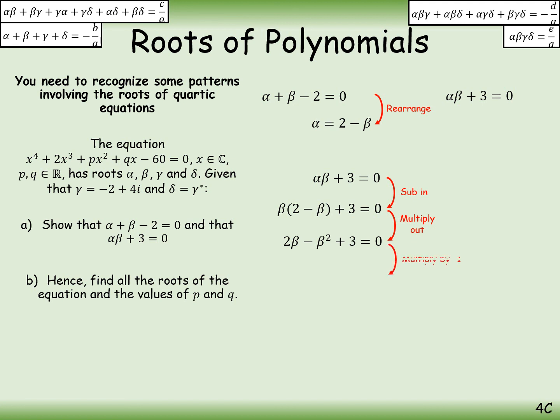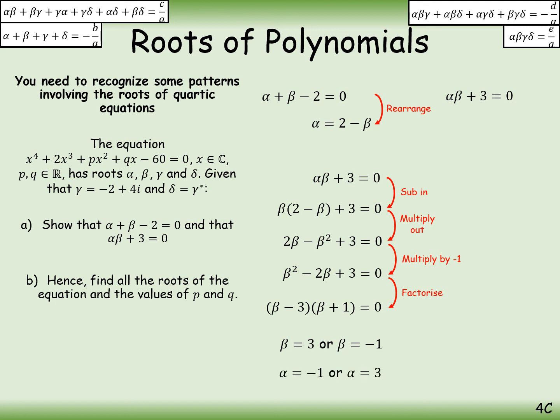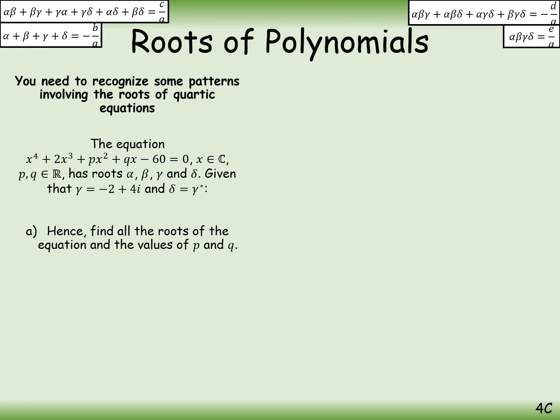You multiply the bracket, get yourself a quadratic, and then you simply factorize this, and we get the beta value. So that means alpha would equal minus 1, or alpha is equal to 3. Notice that we actually have two real roots here. So the roots are minus 2 plus 4i, minus 2 minus 4i, 3, and minus 1.